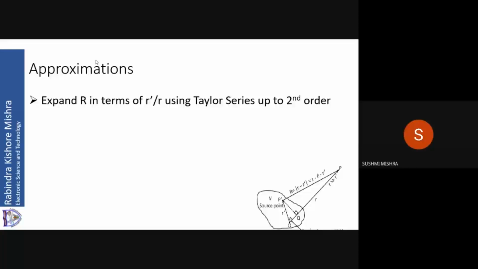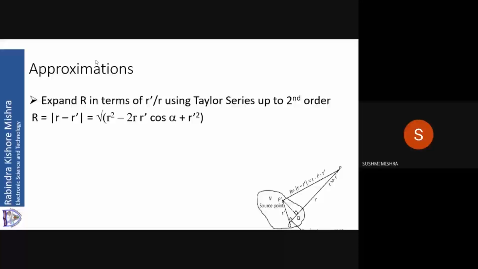In the last class, we used binomial expansion. In this class, I will take a different route, but the result will be same. Just to show that binomial expansion and Taylor series expansion are going to give you same result if we consider up to the first order term. So we'll expand that using Taylor series up to the second order.